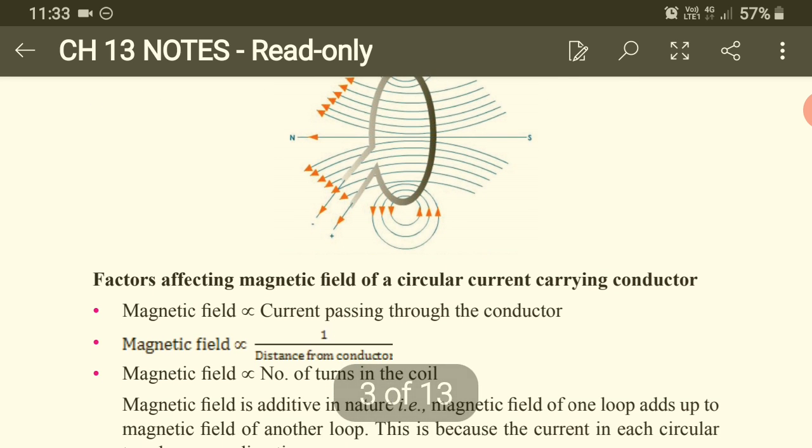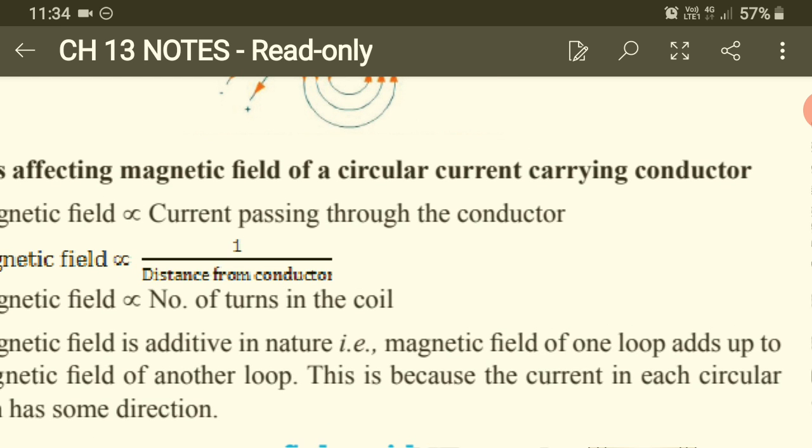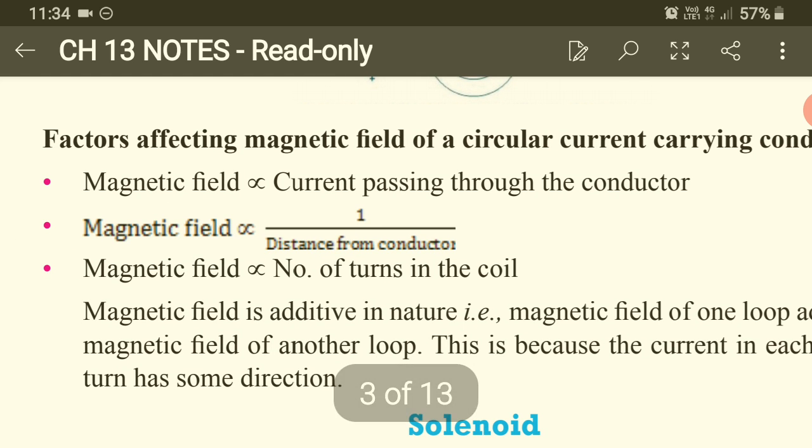What are the various factors that affect the magnetic field of a current carrying conductor? Magnetic field is here also directly proportional to the current through the conductor. It is inversely proportional to the distance from the conductor. Magnetic field is also directly proportional to the number of turns in the coil.